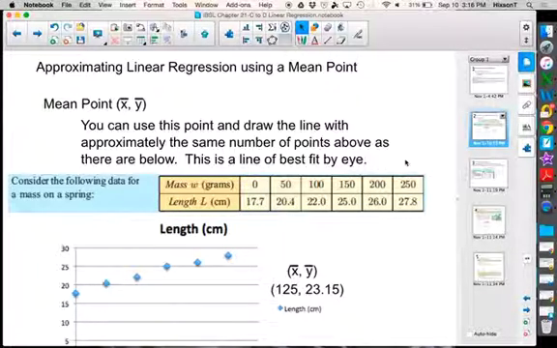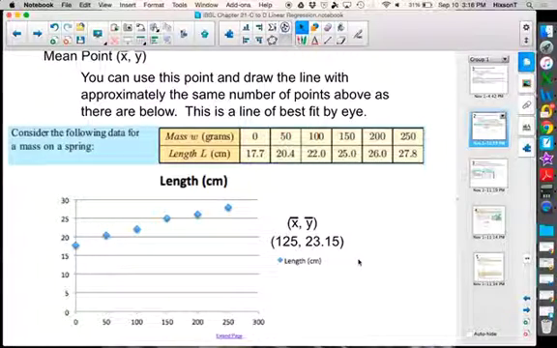And you can see we have a scatter plot of our data. And also I found the mean point. The mean of 0, 50, 100, 150, 200, and 250 is 125. And the mean of these lengths is 23.15 centimeters.